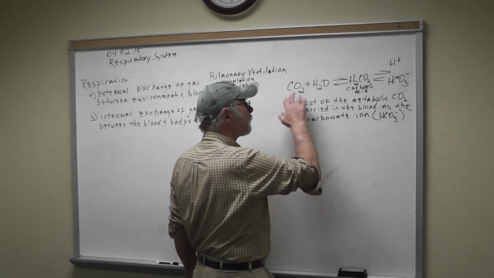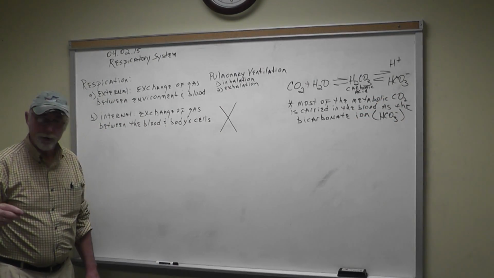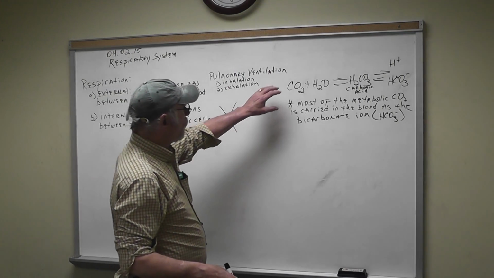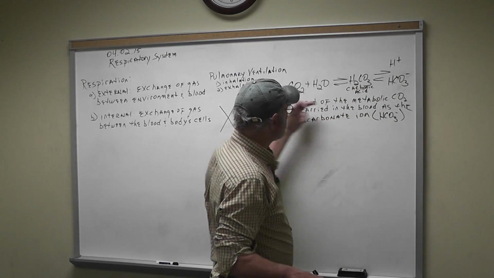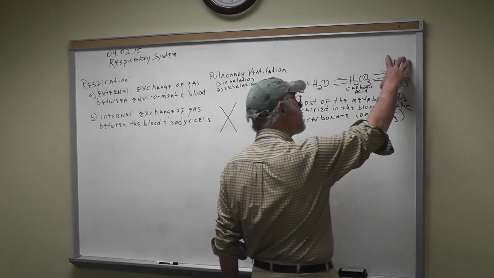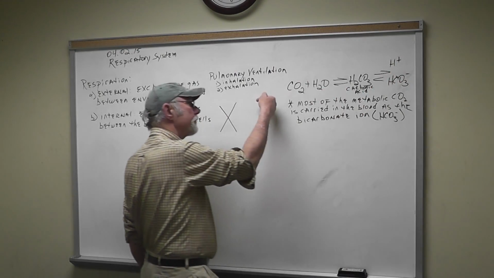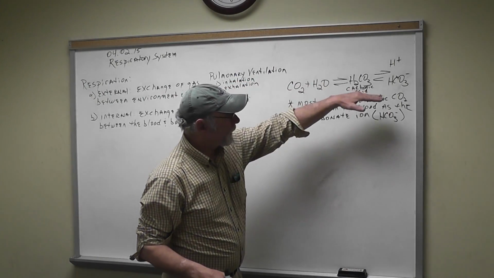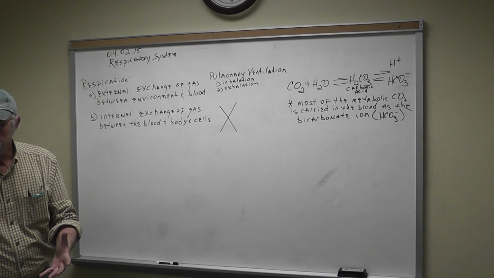This reversible reaction is concentration gradient driven. In other words, when there's more of this than there is of this, the reaction will proceed in that direction. When there's more of this than there is of this, the reaction will come back in the reverse direction. Now this, in the forward direction, occurs at the tissue level.